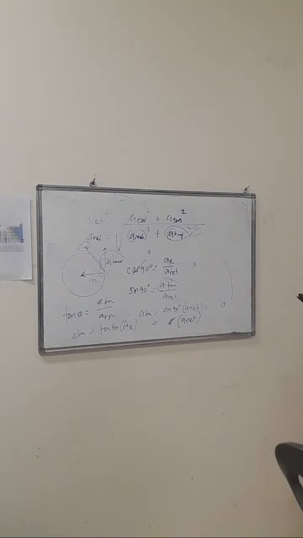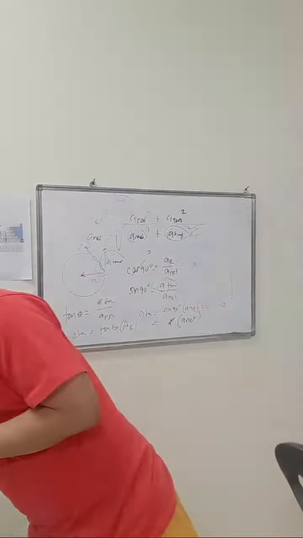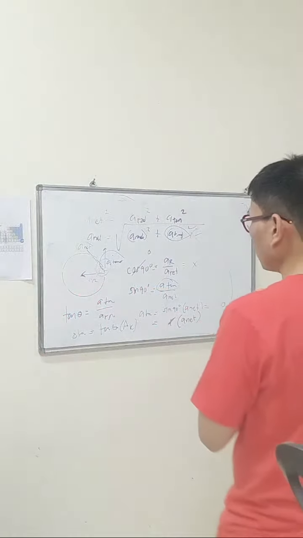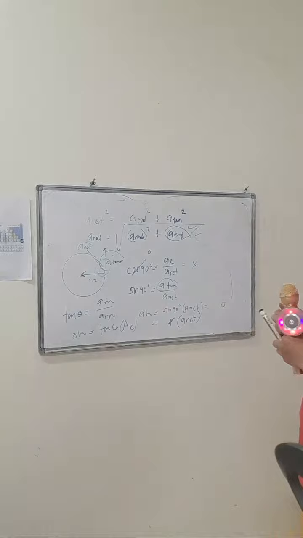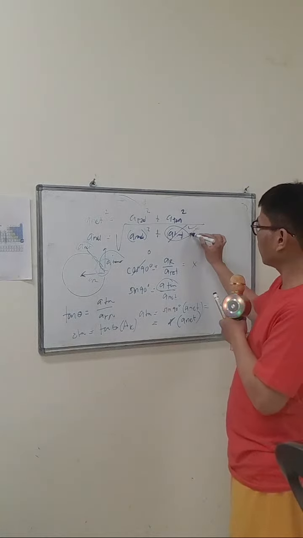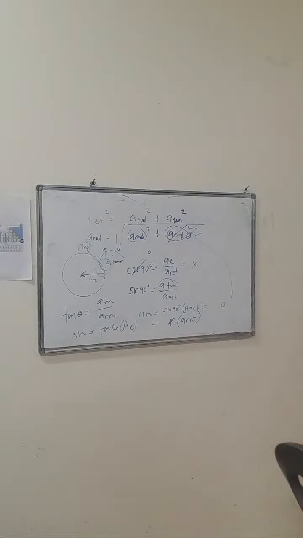Tangent of 90. Okay. It's going to be 0. So that's why it is also 0. Okay, that's why.